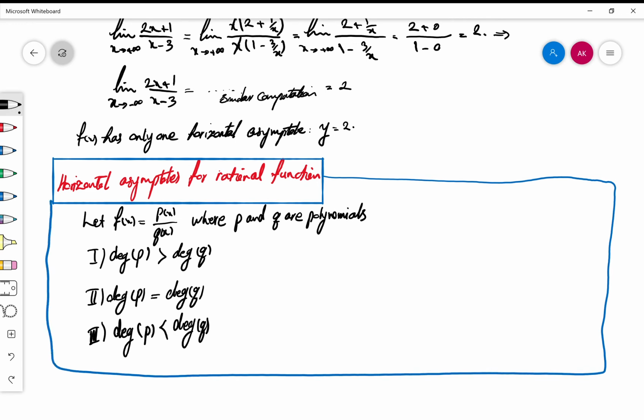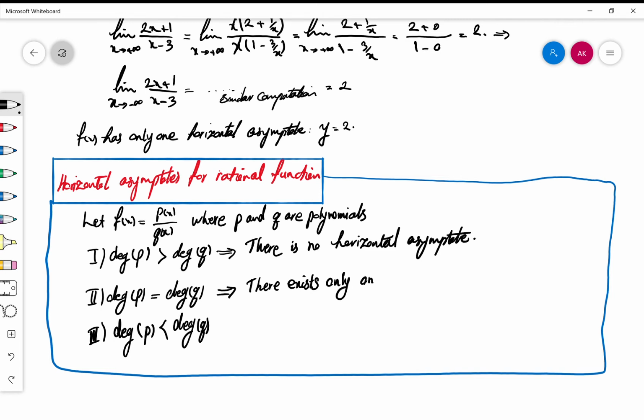If the degree of the numerator is bigger than the degree of the denominator, then there is no horizontal asymptote. If the degrees are the same, there is only one horizontal asymptote.